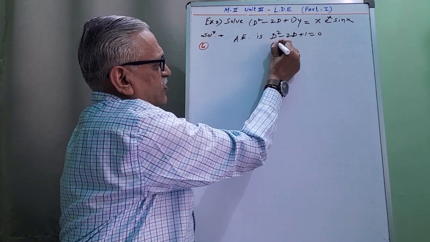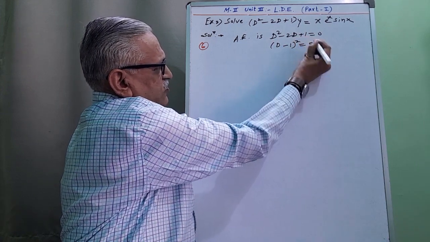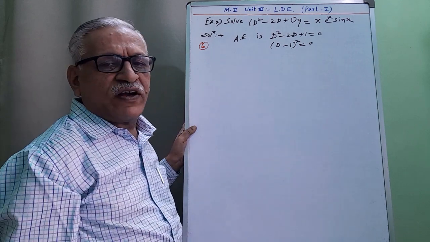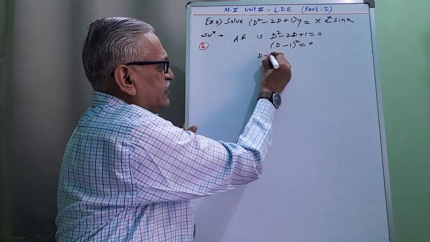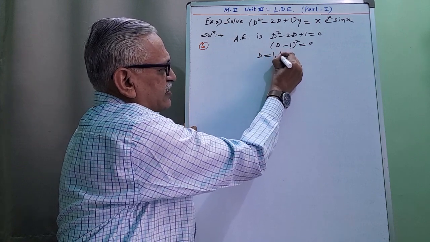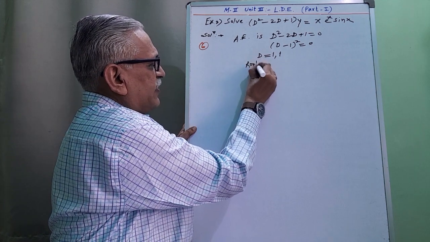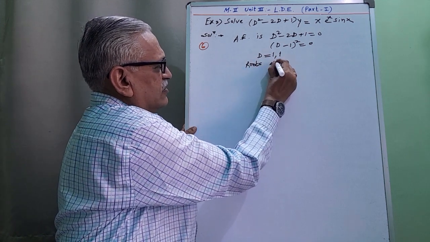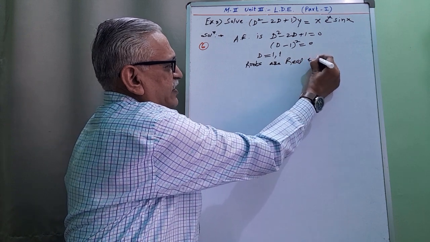It is a perfect square, (D − 1)² = 0, meaning there are two factors, D − 1 and D − 1. Equating each to 0, we get D = 1 and D = 1. Here roots are real and repeated.